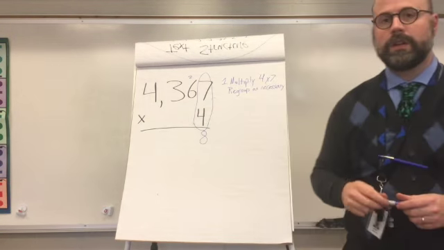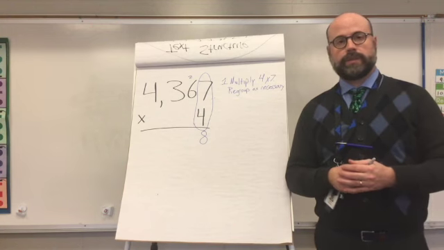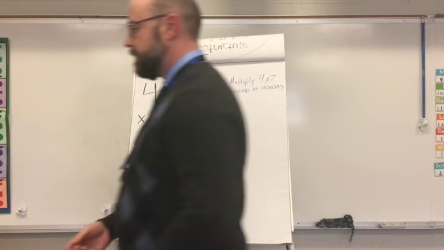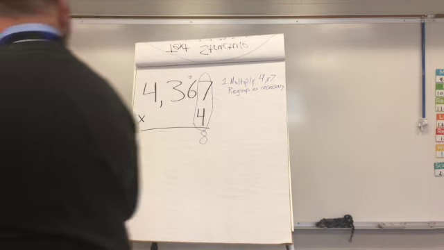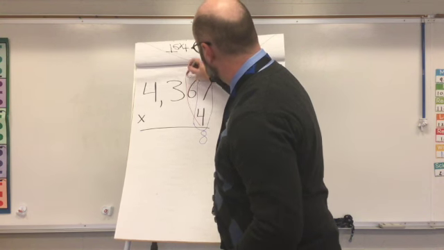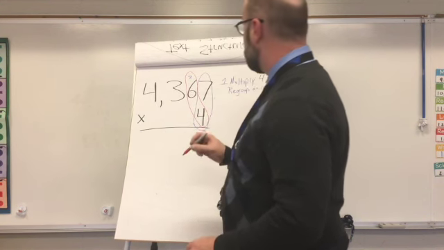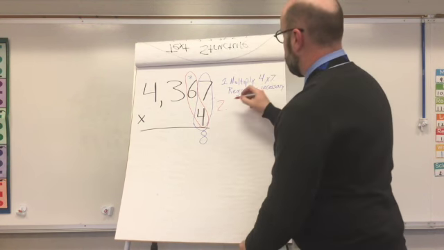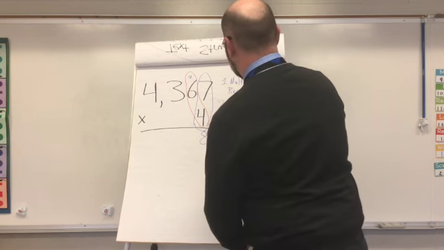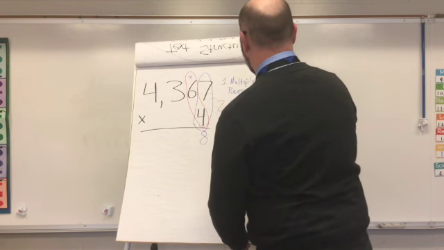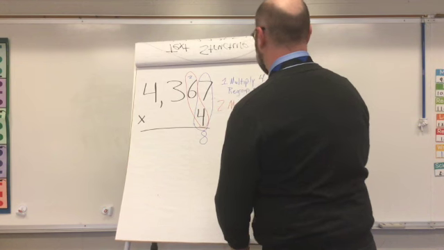Now, what is our next step? We multiply the 4 times the 6. Multiply 4 times 6.